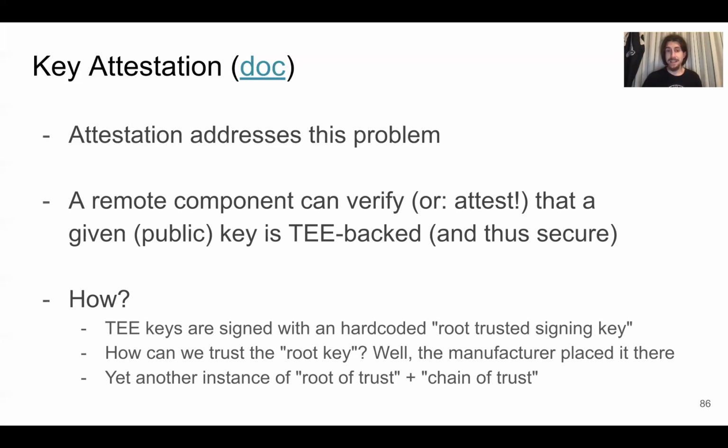It's a key that we trust because the manufacturer places it there, but I cannot just come up with another root key. If I try to create my own root key and send it around, nobody's going to trust it. So there is a way to understand, hey, this root key was actually generated from something that is trust zone.